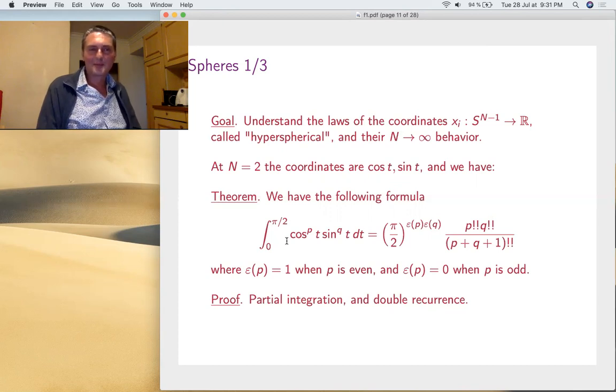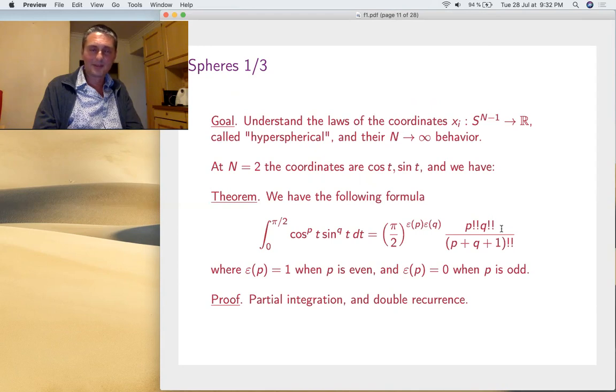It's the same proof. I mean, partial integration and then recurrence, double recurrence. Okay, so that's the thing that you do 100 times when you teach calculus. Every time you teach calculus, and that's the general formula. So you have a power of pi over 2, depending on the parity of p and q, and then all these double factorials. Well, it's a bit complicated.